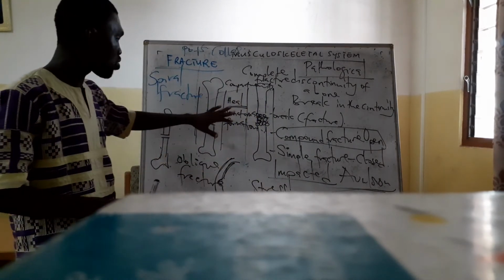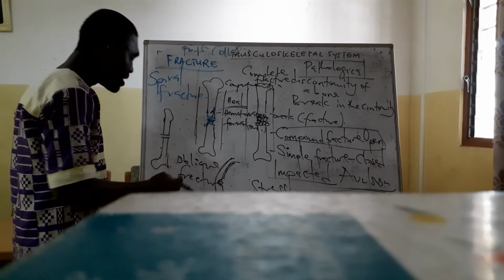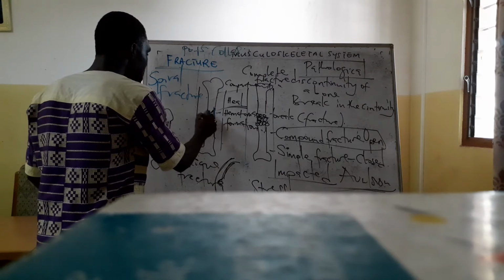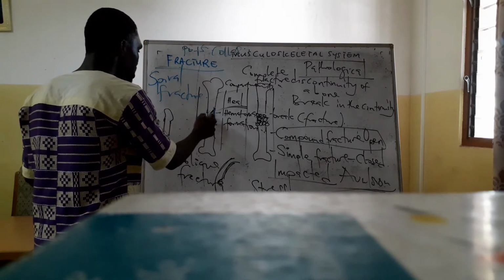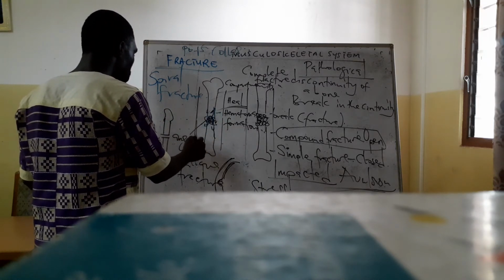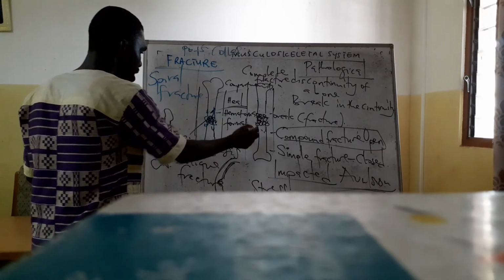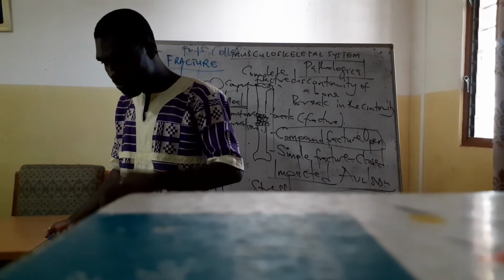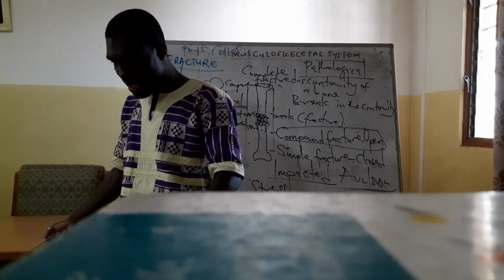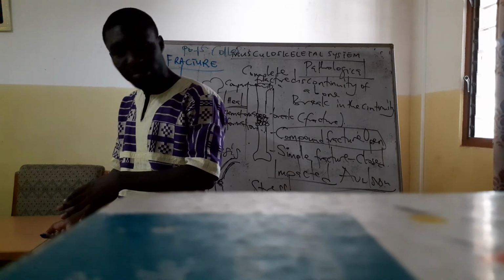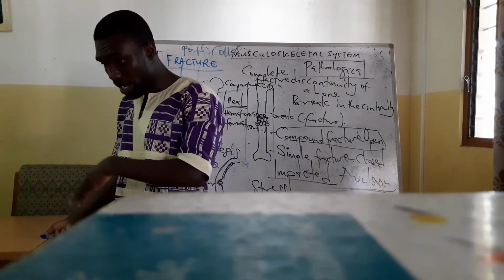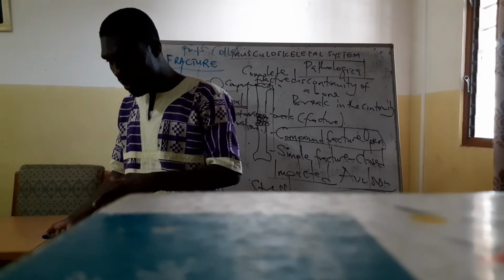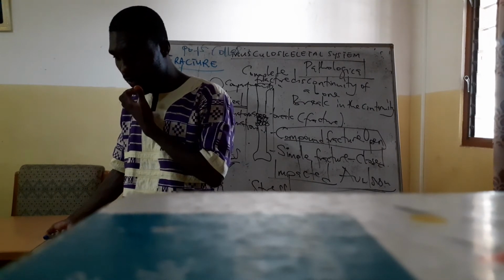And then when the hematoma is formed, there will be new blood vessels that will develop within the hematoma formation, which we term as angiogenesis. So new blood vessels will form within. So let's look at it. There is bleeding into the broken ends, so when there is compound fracture, there is bleeding between the broken ends, leading to the hematoma formation.